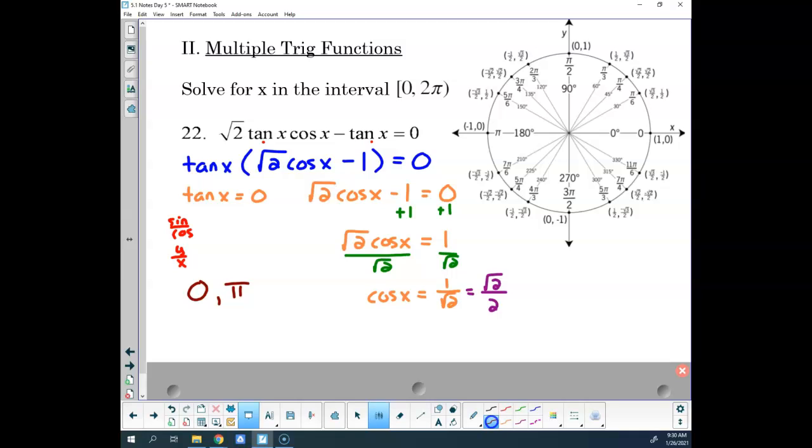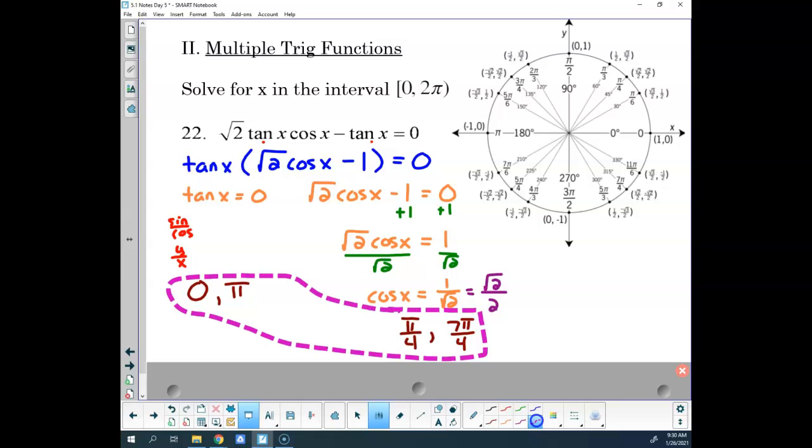Then I look at my other one. Where on the first lap of the unit circle is cosine equal to the square root of 2 over 2? That happens at pi over 4, and again at 7 pi over 4. And so all of those combined are my answer.